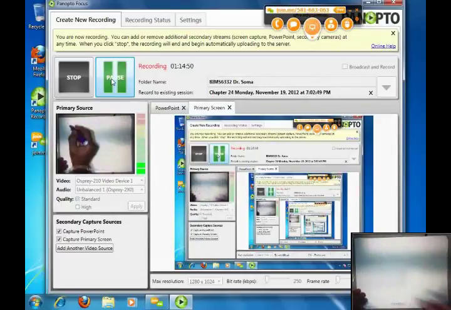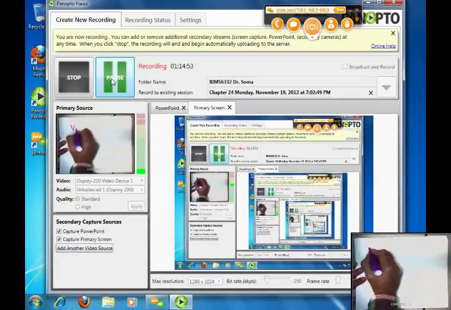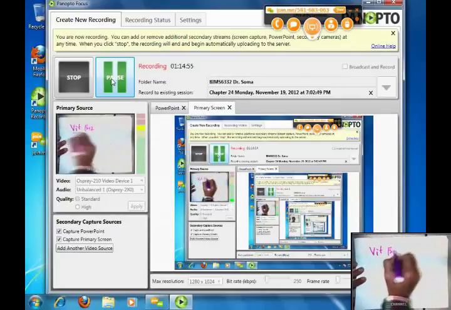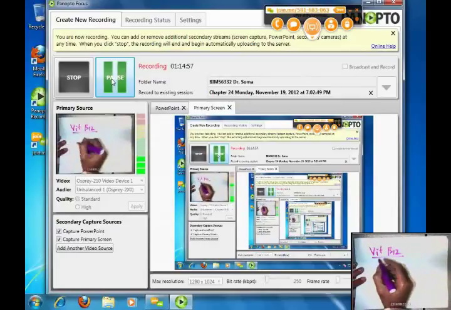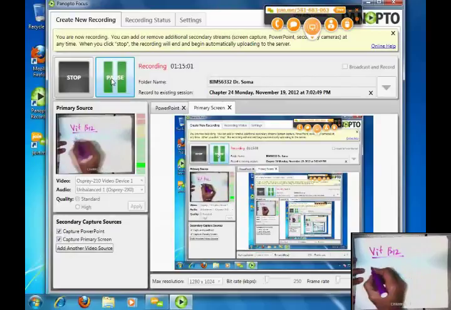Vitamin B12, cobalamin, also supports the methylation of homocysteine to methionine, as I mentioned earlier.